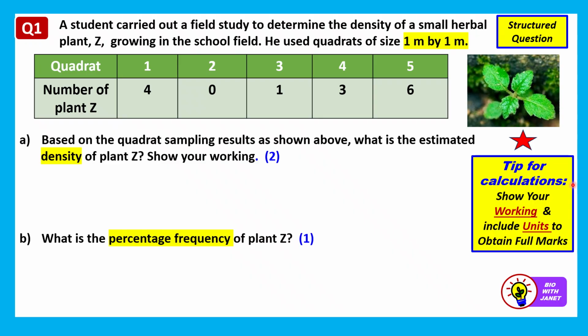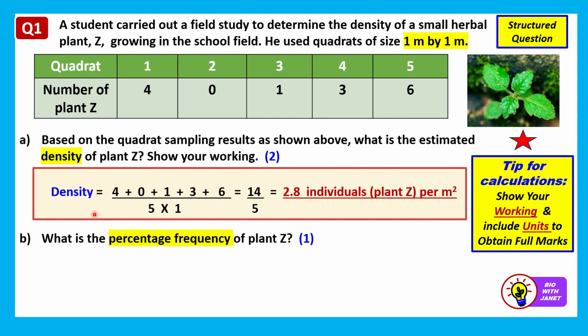Okay, let's look at the answers. Now, density actually equals the total number of the individuals in all the quadrats. So you have to add up the number of plant Z in all the quadrats over the area of one quadrat, which is 1 meter by 1 meter, so it's 1 meter squared, and the total number of quadrats, which is 5, correct?